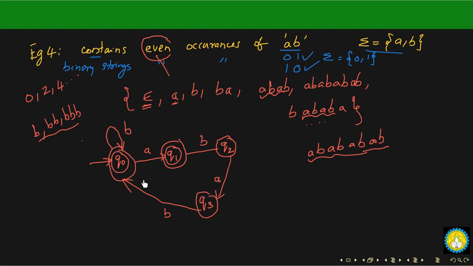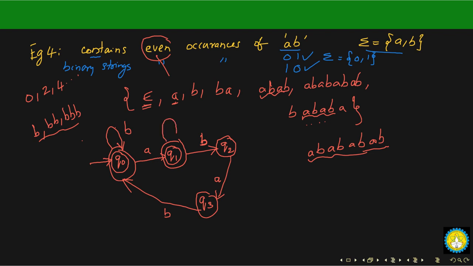So that is verified. Now let us look at some other transitions also. From Q0, the transition for A and the transition for B are defined. From Q1, you have defined the transition on B, but the transition on A is undefined. So suppose you're at Q1, which means you have already found an A. And again, if you see an A, what should you do?